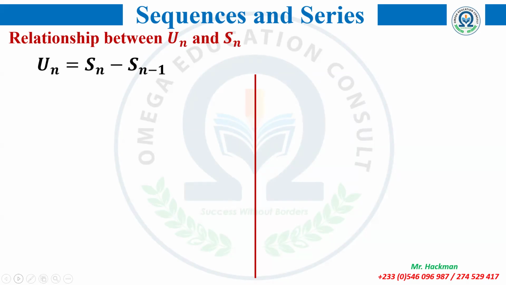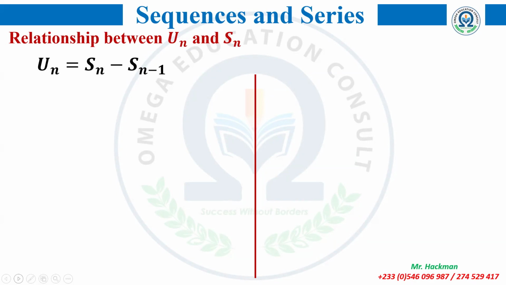The relevance of knowing the relationship between U sub n and S sub n is that sometimes the question will come in such a way that you'll be given the S sub n formula, and you know that S sub n is for the sum of the first n terms.